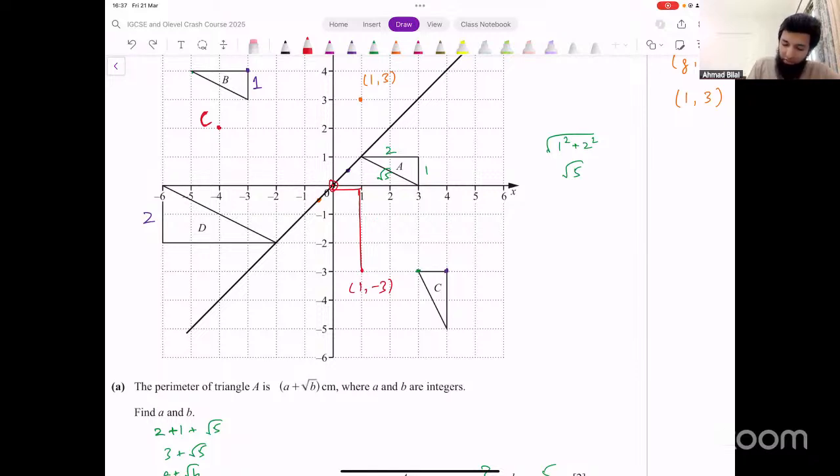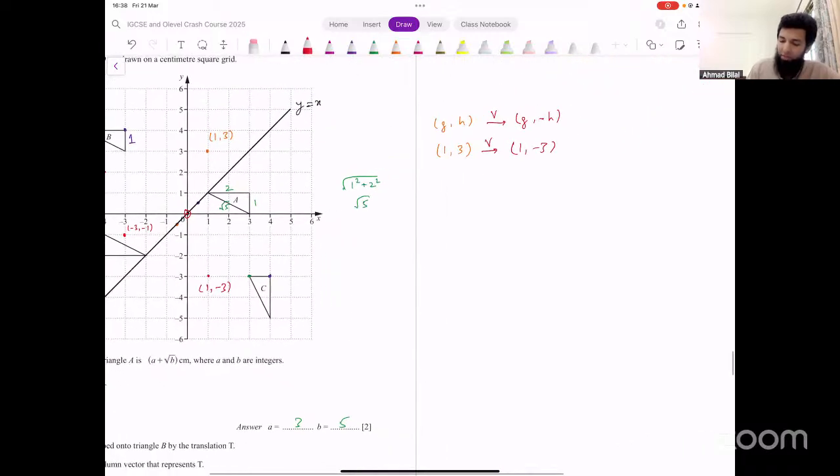This is going to be 1 down and 3 left. So it is going to become 1 down and 3 left like this when we rotate this 90 degrees clockwise. So this comes here and this goes there. That's what we get. So the point now becomes minus 3 and minus 1. So that point goes right there.